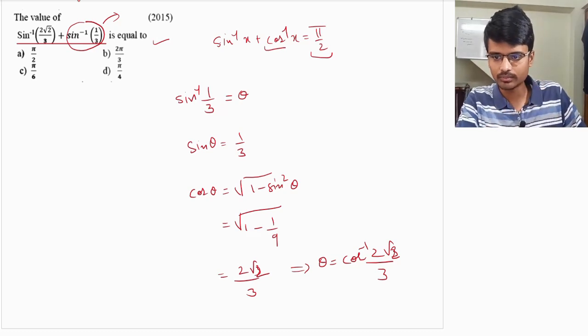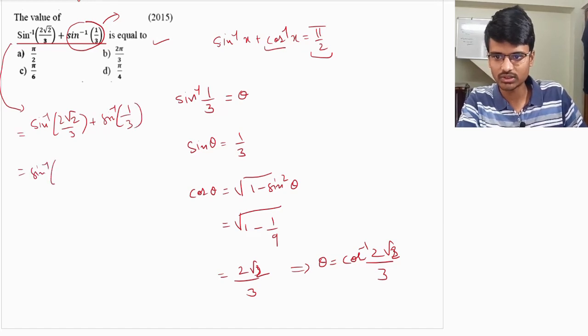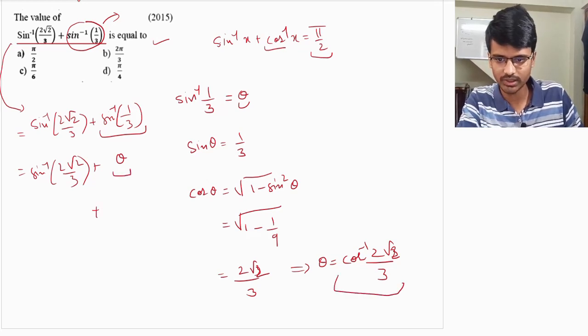So coming back to our question, it is nothing but sine inverse of 2 root 2 by 3 plus sine inverse of 1 by 3. Sine inverse of 1 by 3 is nothing but theta. In the next step, I can replace theta with cos inverse of 2 root 2 by 3, plus sine inverse of 2 root 2 by 3.